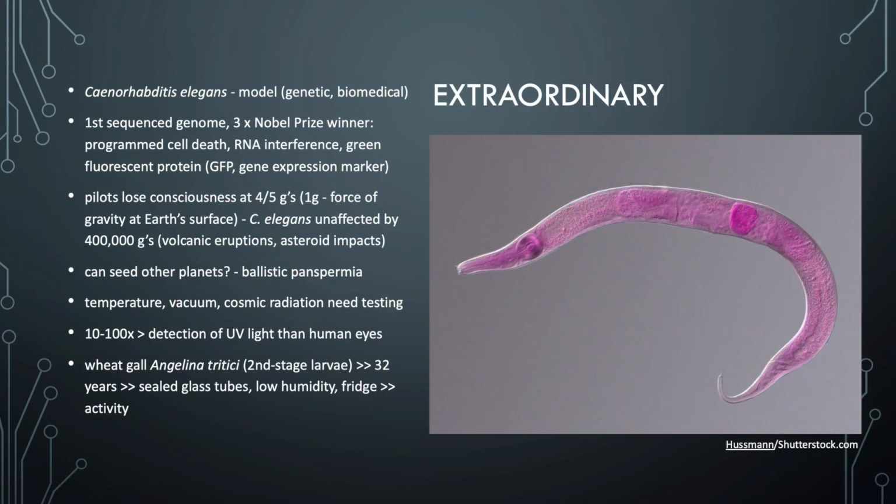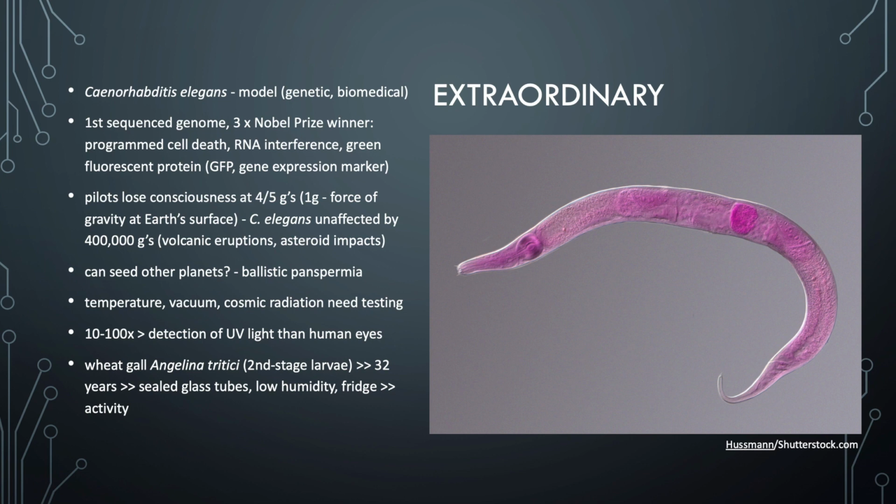Nematodes are actually quite extraordinary, and a soil-dwelling nematode called Caenorhabditis elegans, or C. elegans for short, is a model organism for many different types of genetic and biomedical studies, but also other studies, as we'll soon see.